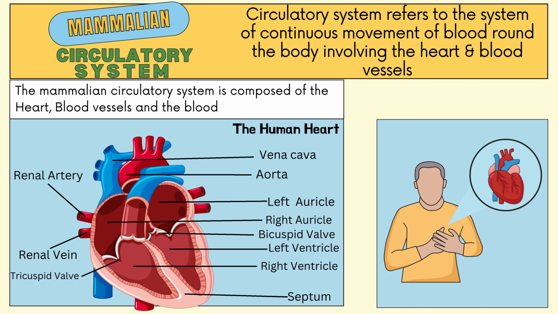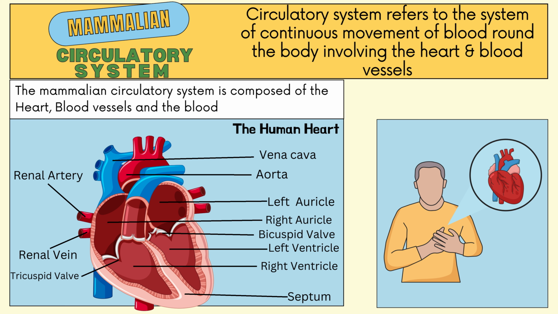We also have the pulmonary valves, which is found between the right ventricle and the pulmonary artery. Then we have the mitral valves, or what we call the bicuspid valve, which is located between the left auricle and the left ventricle. Then lastly, we have the aortic valves, which is located between the left ventricle and the main vessel of the heart called aorta.